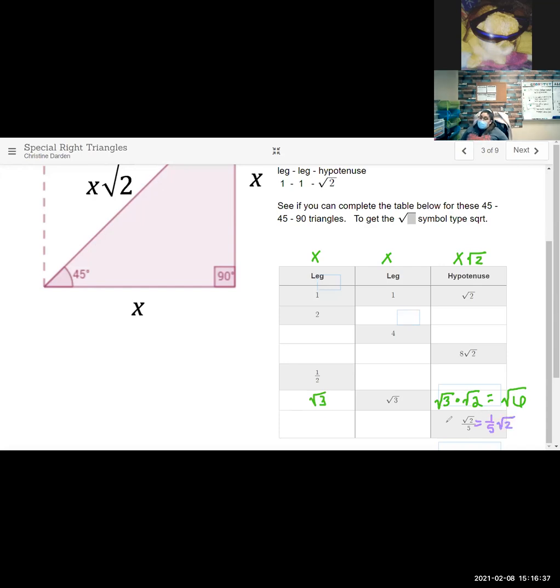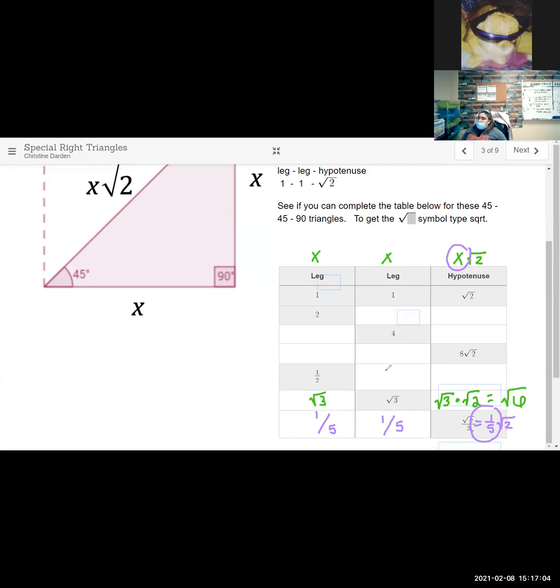And the reason why I'm choosing to rewrite it in this format is because x is the number in front of the square root of 2. So what's the number in front of the square root of 2 in this case? 1/5. So this means that each leg is 1/5.